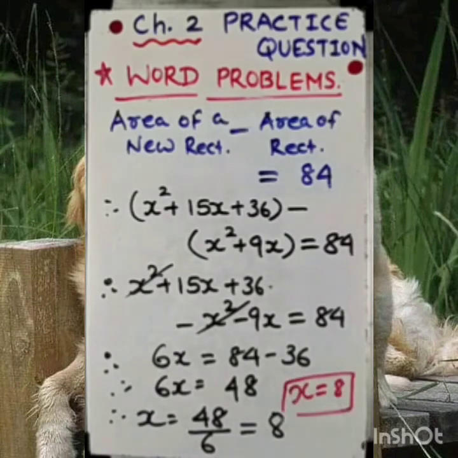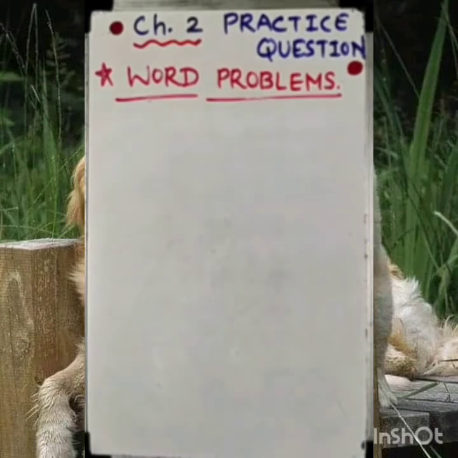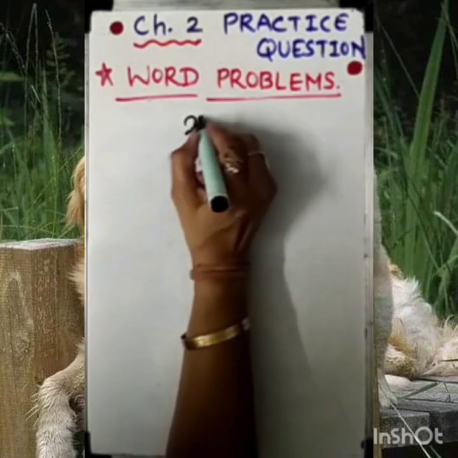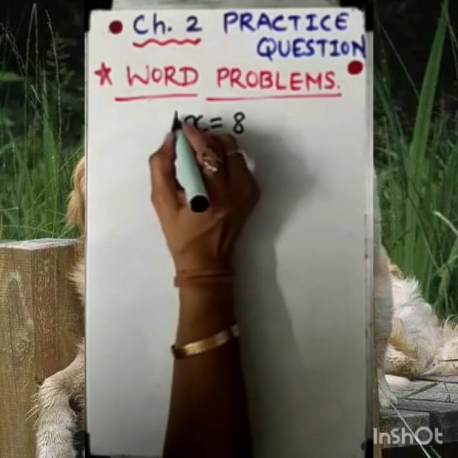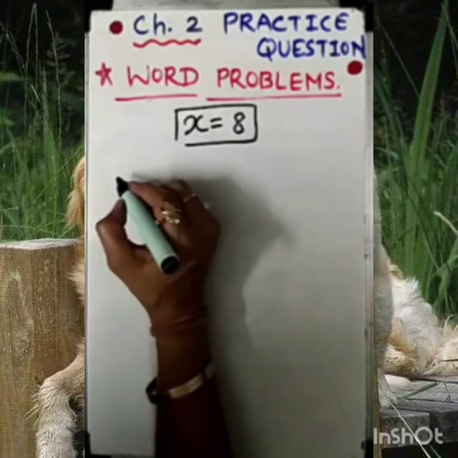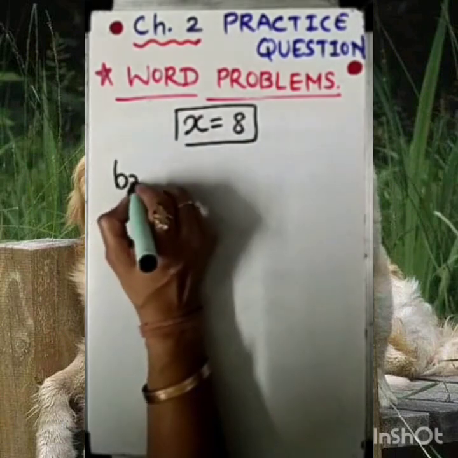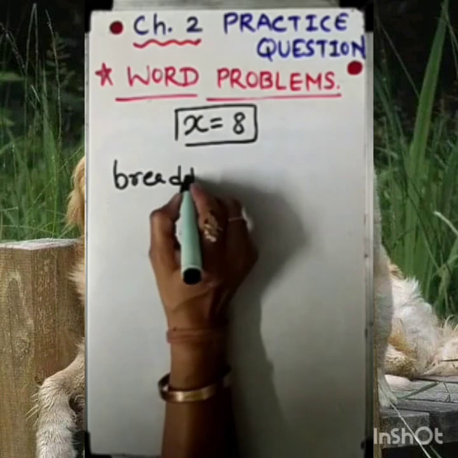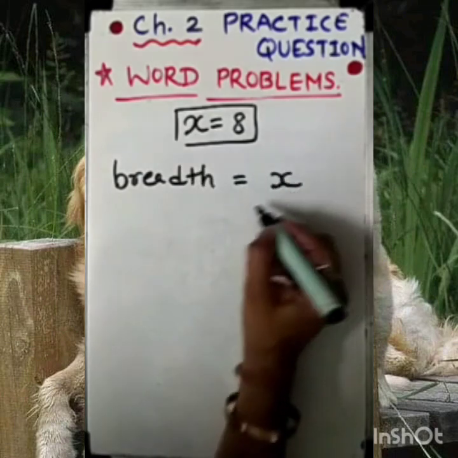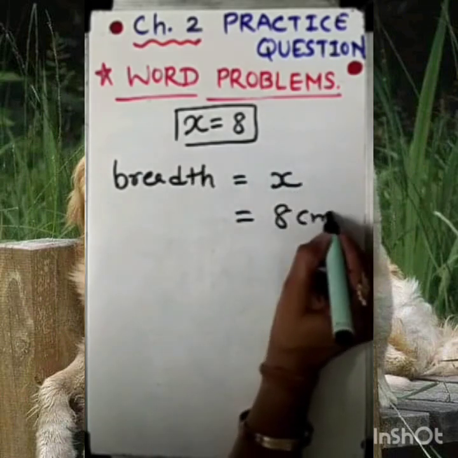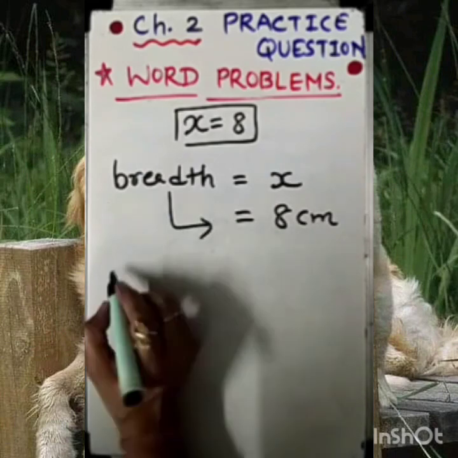But we need to find the breadth and the length of the rectangle. So let's work on that. The value of x is 8. As we assumed in the beginning, breadth is x, so breadth is 8 centimeters.